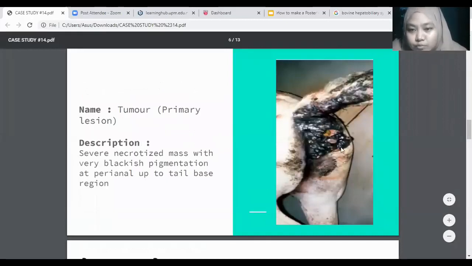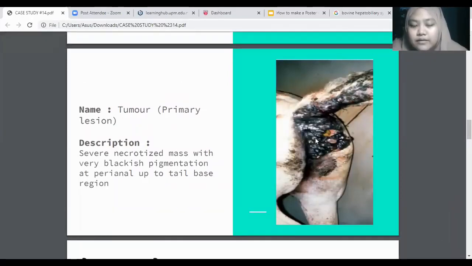It is a tumor here, and you can describe it as a severe necrotizing mass with a very blackish pigmentation at the perineal region, up to the tail base region. You can see it's very clear here.